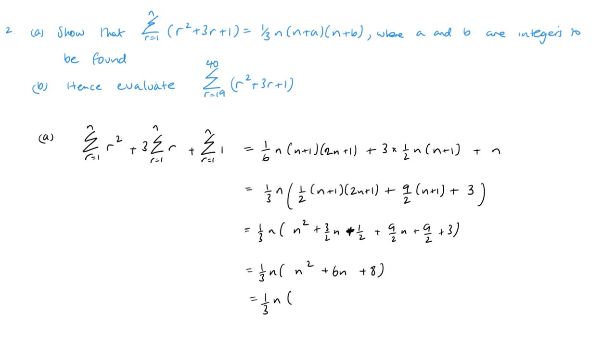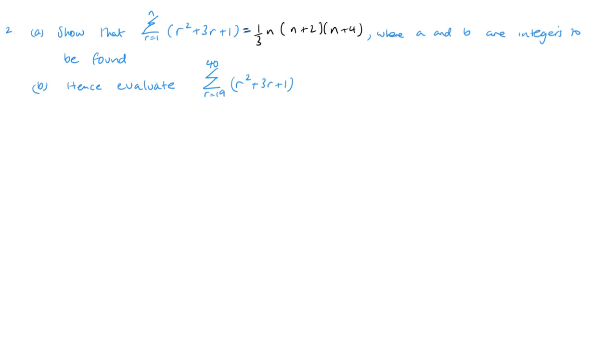So to make it 8, 1 and 8, 2 and 4. 2 and 4 are going to give me the 6, so that is what I want. Okay, just double checking: n squared, 4n plus 2n is 6n, 2 times 4 is 8. So 1/3 n, n plus 2, n plus 4. So that is part A done.